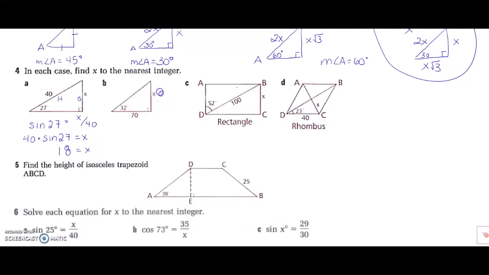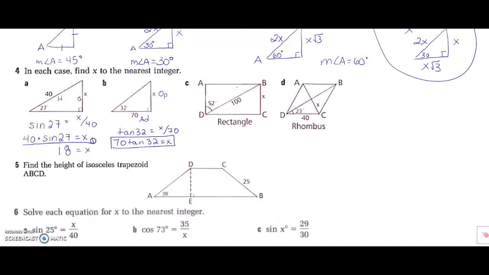In this one, we have the opposite and the adjacent. So that's the tangent function. The tangent of 32 degrees is equal to x over 70. Multiply both sides by 70. And now I am in calculator ready mode.